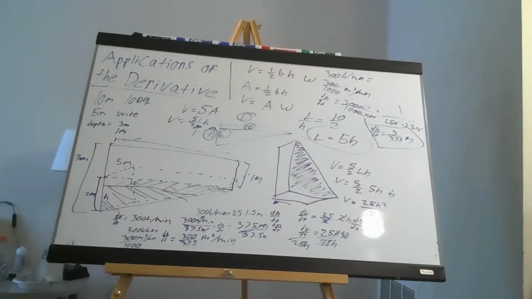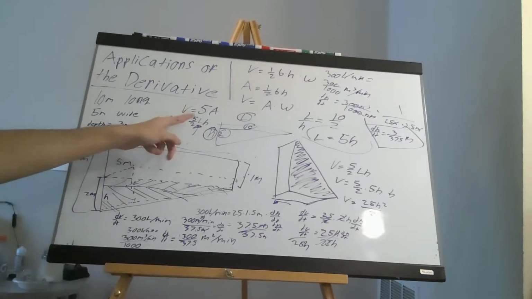Then I simplified and solved for L, which is just 5H. So we know that volume is equal to 5 over 2 times length times height. The reason is that we plugged in for W first, because we knew what that was.